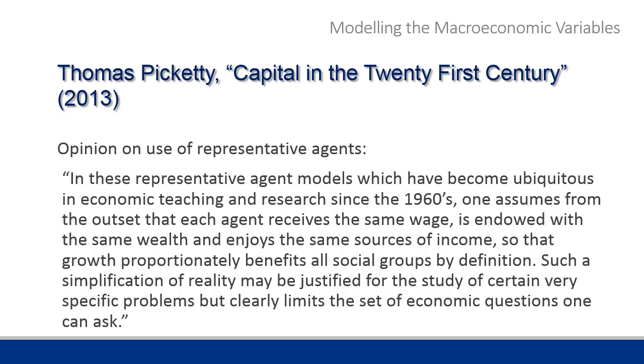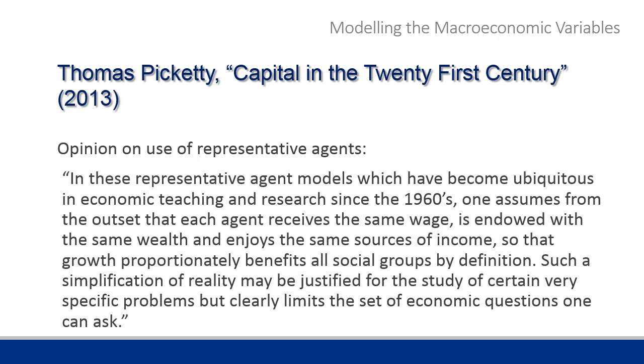This is a good time to reflect on some of the characteristics of macroeconomic models. They're not without criticism. Thomas Piketty in Capital in the 21st Century wrote, "In these representative agent models, which have become popular since the 60s, one assumes from the outset that the agents are the same, essentially, or they're average or representative agents.